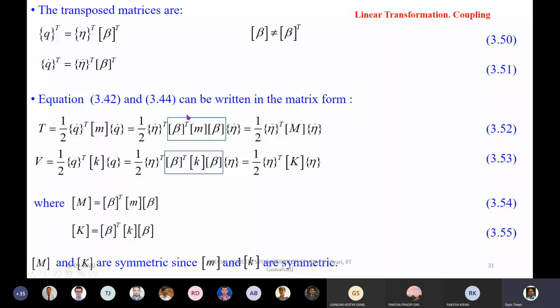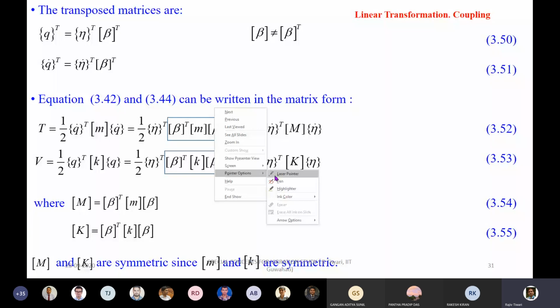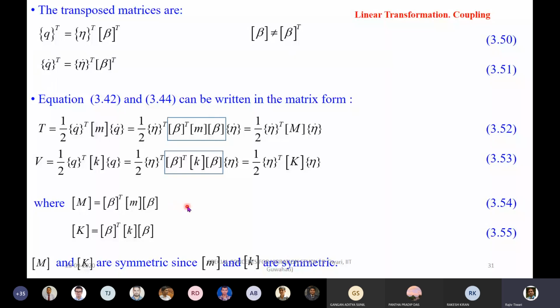If I write it like that, then this expression is simple. You can see that this is the kinetic energy in terms of the new generalized coordinate, where the capital M is now a new mass matrix, and the new mass matrix which I have taken here is defined like this. Similarly, for potential energy, we can substitute for q transpose and q from the previous expression.